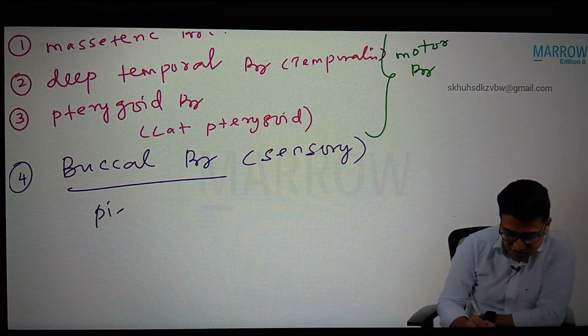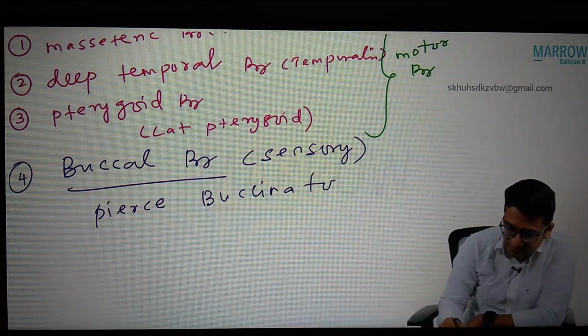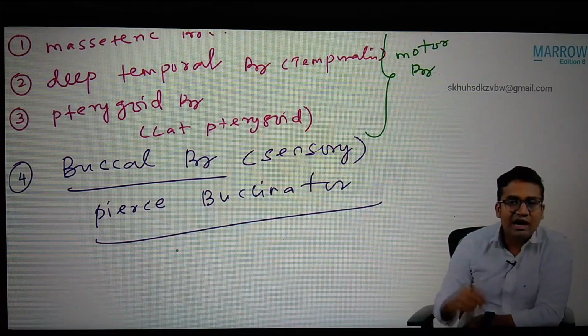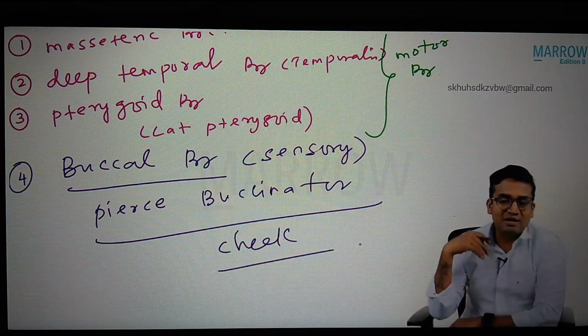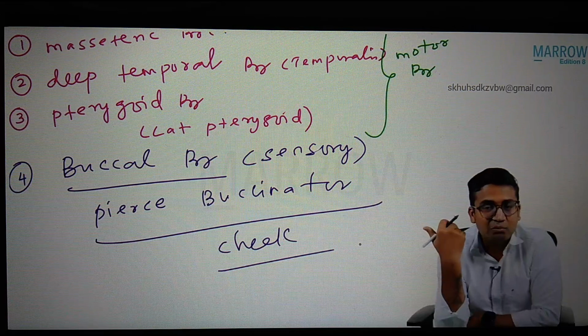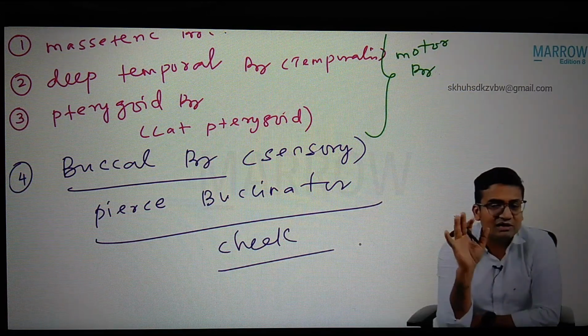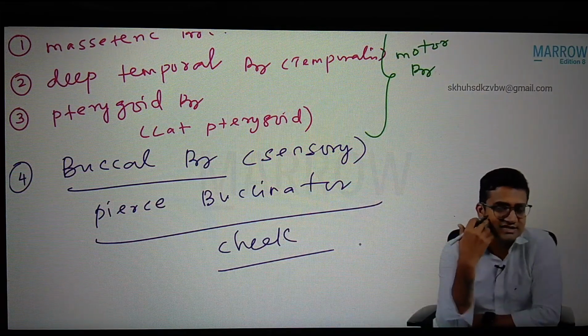Now this branch pierces the buccinator muscle and carries sensory fibers from the cheek. So the buccinator muscle is pierced by the buccal branch of the mandibular nerve, not the buccal branch of the facial nerve. The buccal branch of the facial nerve is a motor nerve which supplies the muscles of the face.